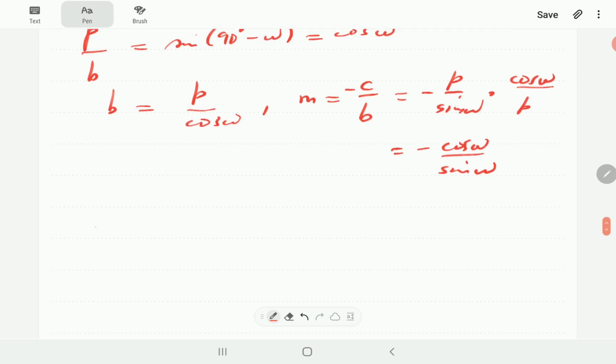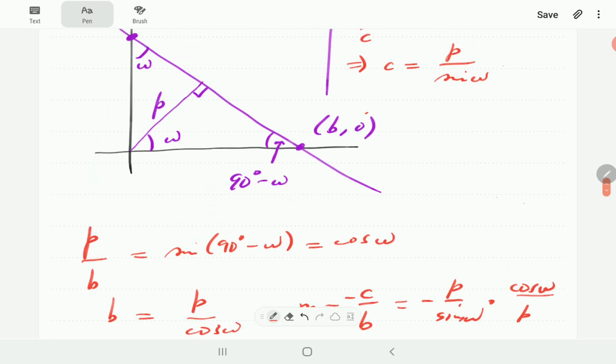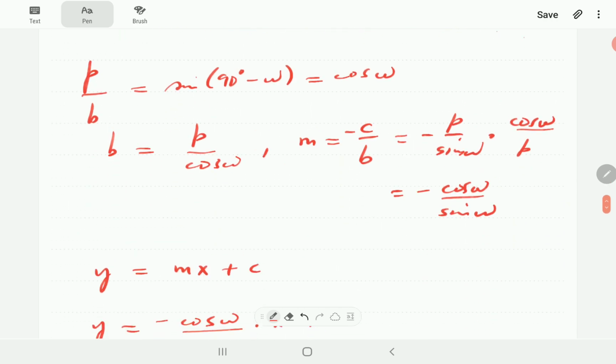So then we can plug this into our equation y equals mx plus c. So we're going to have y equals m, which is negative cosine omega over sine omega, times x, plus c, simply p over sine omega.